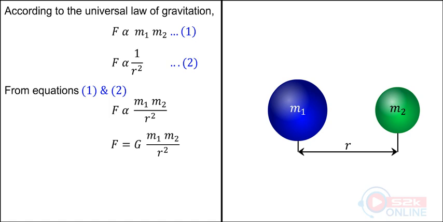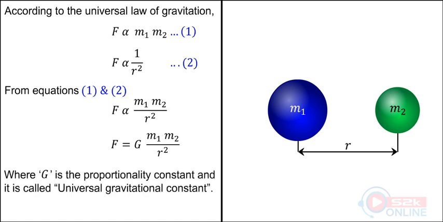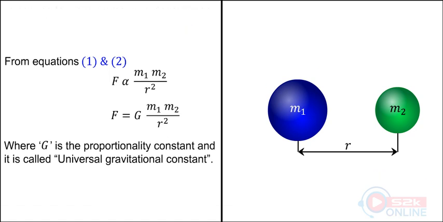Then, the gravitational force of attraction between the bodies F is equal to G m1 m2 divided by r squared, where G is the proportionality constant and it is called the universal gravitational constant.